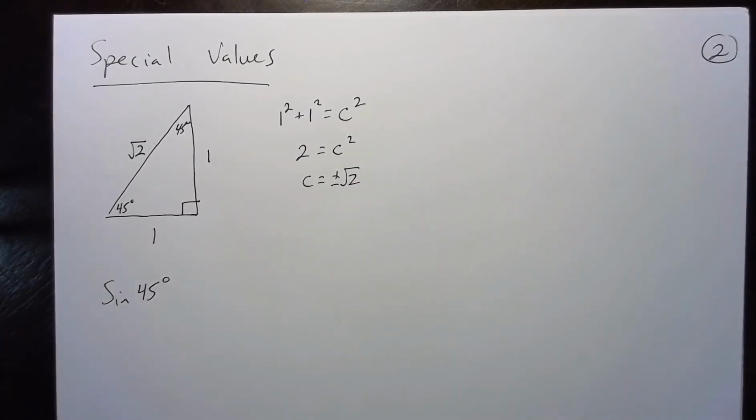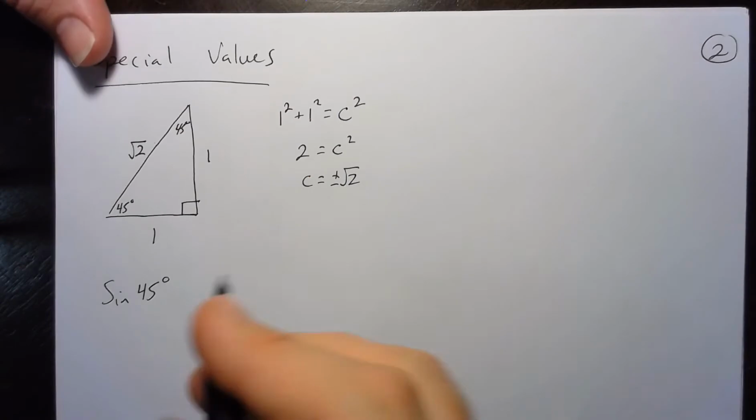Again, what we're trying to do in this particular set of content is come up with very clear values. What is the sine of 45 degrees always equal to? It doesn't matter if we're in a triangle, doesn't matter if we're just building a random angle somewhere. We're talking about what is the sine of 45 degrees?